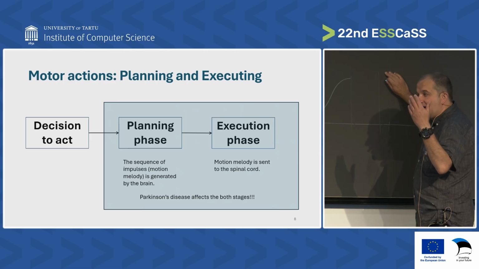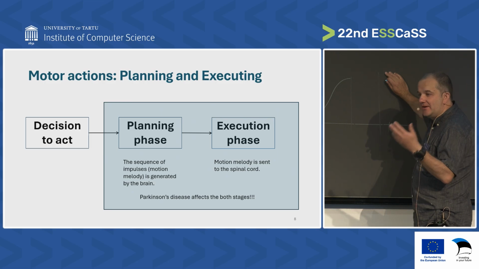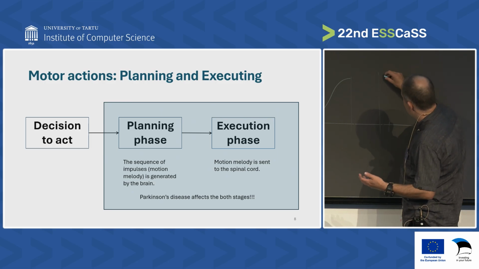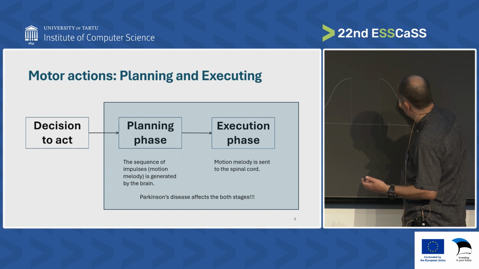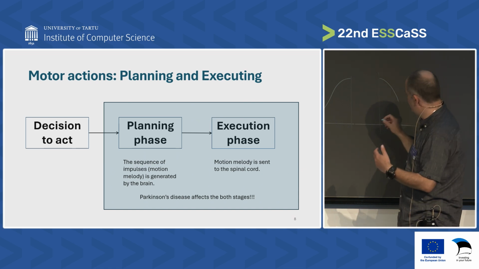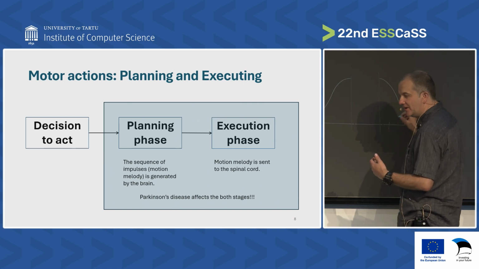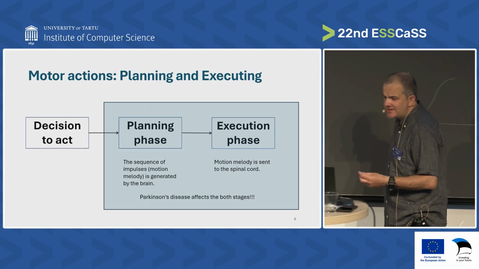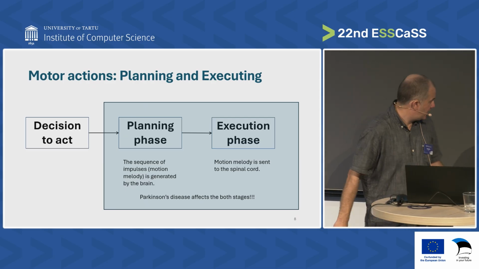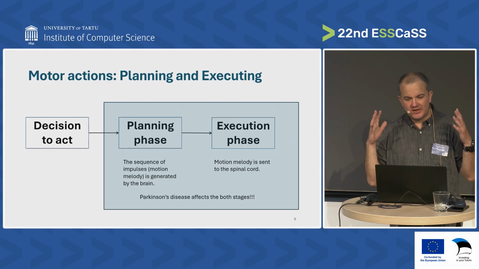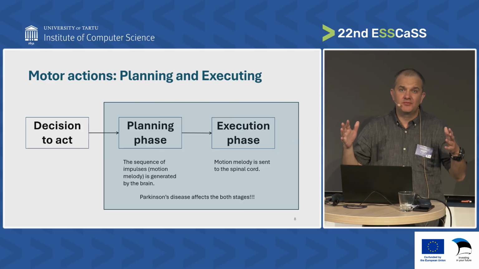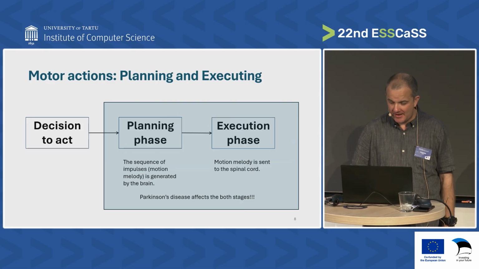But traumas, neurologic diseases and the like affect these sequences, and then they start to become less optimal. They start to decline. And this is what we would like to catch, to detect, and to assess.